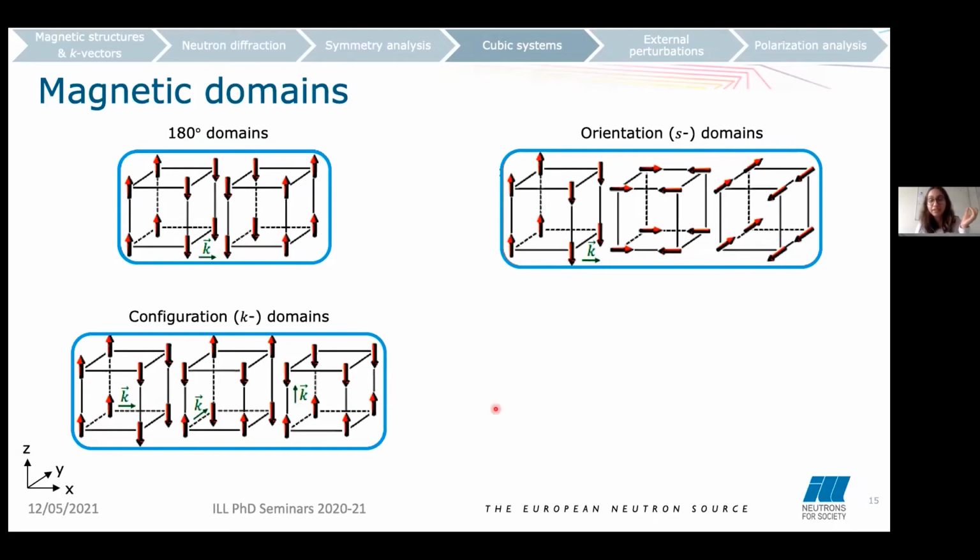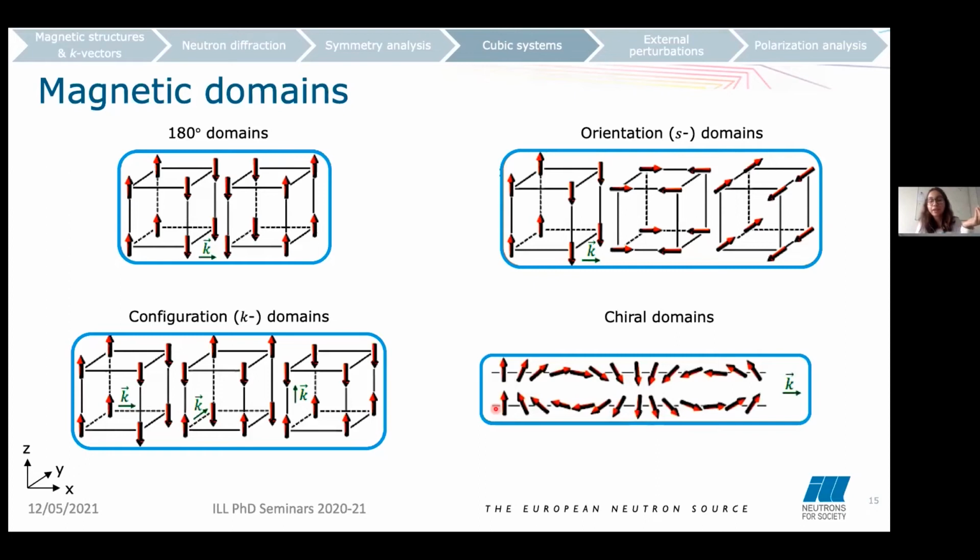And then the final type of magnetic domain that may arise in some samples are these chiral domains. And if you look closely at the top, you kind of have the spins rotating, let's say downwards, and in the bottom, they are rotating the other way. And it's known as left-handedness and right-handedness of the chiral domains. But anyway, let's focus on the K domains.